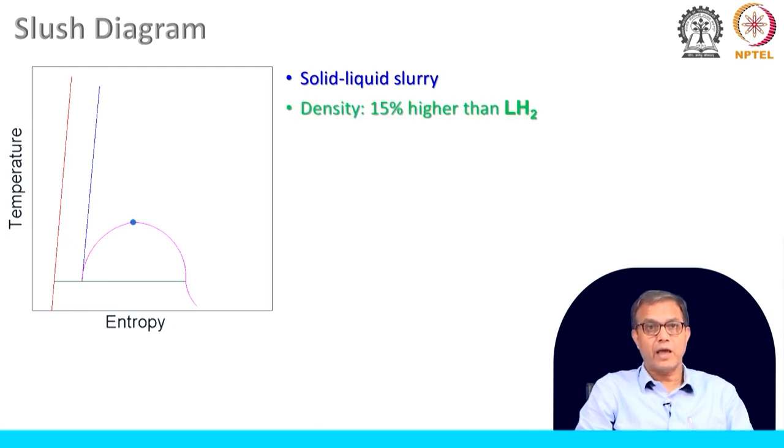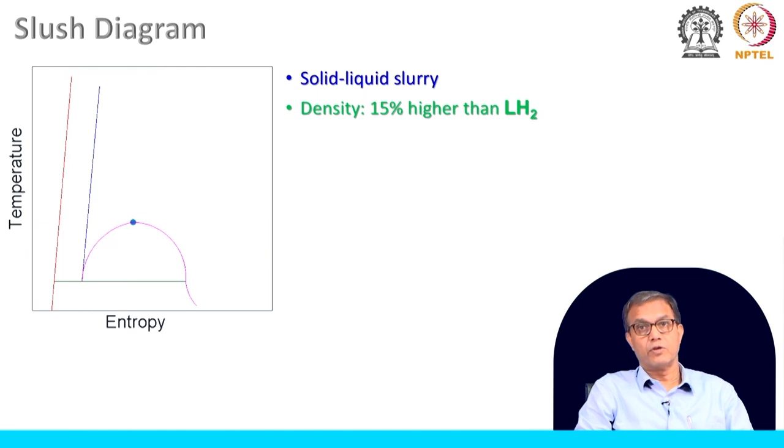If we have about 50% solid in the liquid, the density of the resultant slurry is about 15% higher than liquid hydrogen at normal boiling point. So, we have the benefit, of course, at the cost of additional refrigeration.